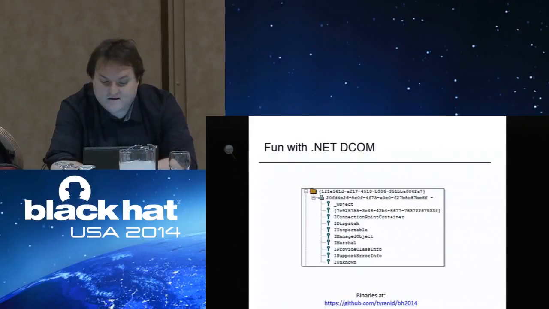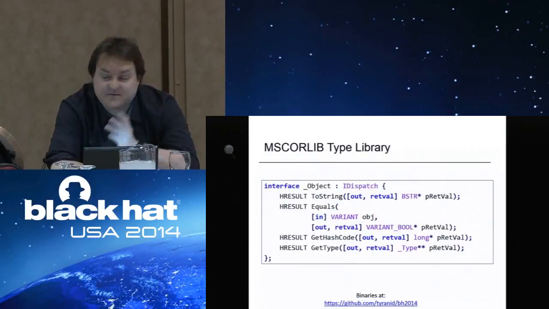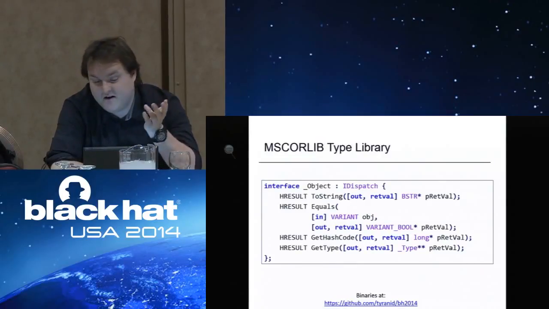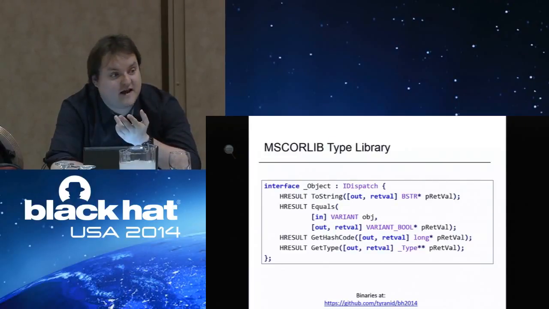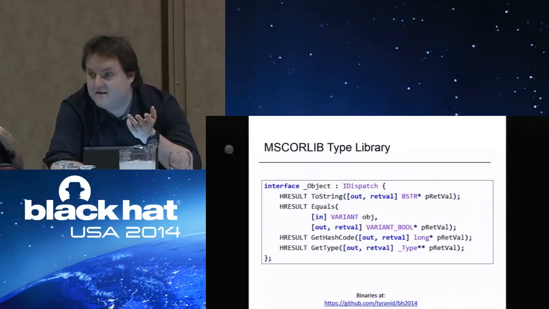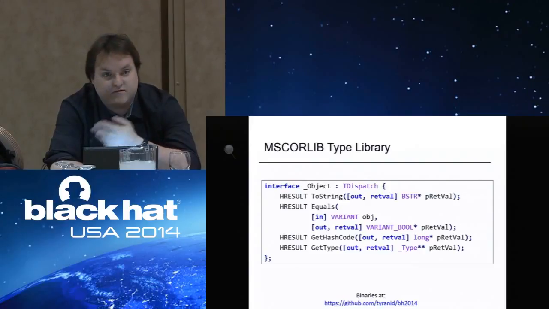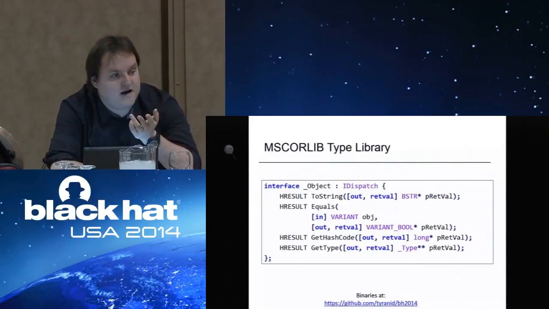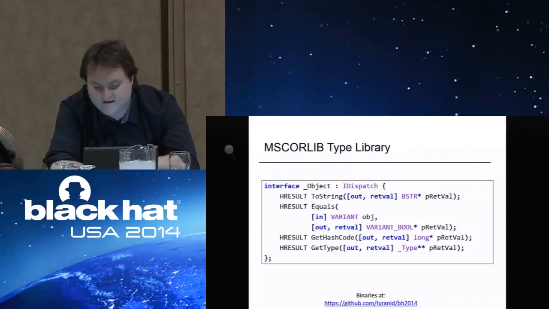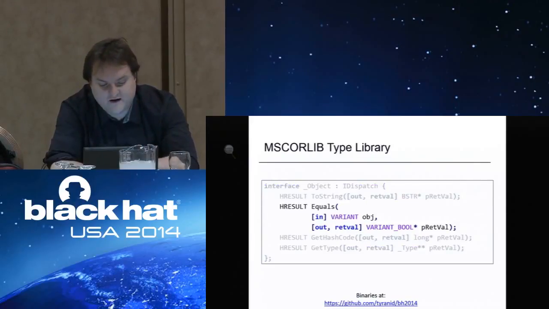And it turns out that there was a very interesting interface on there, the underscore object interface, which looks something like this. And if you have ever done any C# programming, or probably even Java programming, you may recognize this as the sort of basic implementation of the object class, the root of all the inheritance hierarchy. So it has the usual toString, equals, all that sort of stuff.